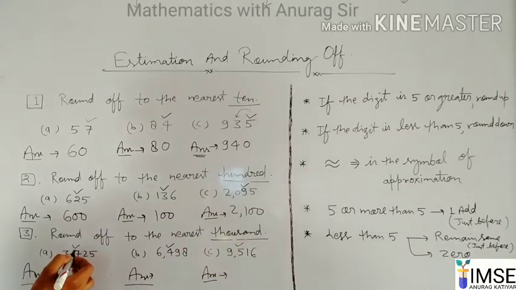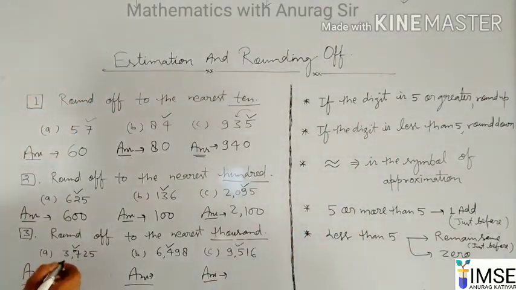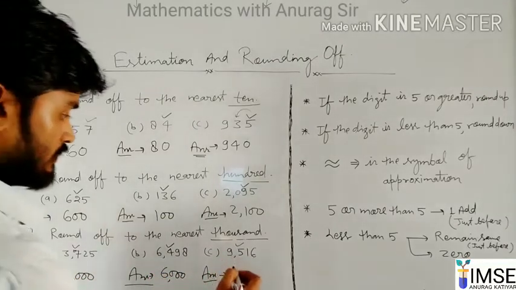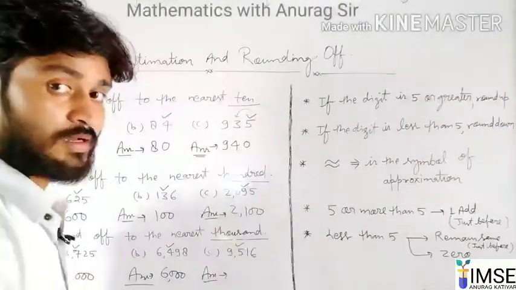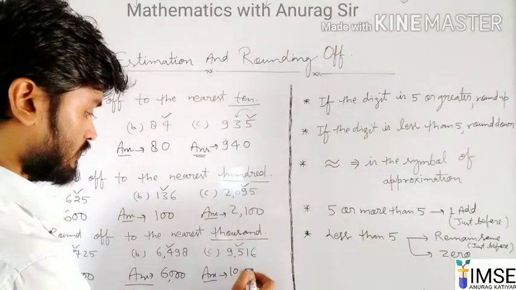Here 7 is more than 5, so we add one and get 4000, this one is 6000, and this one is also 5, so we add one and get 10,000.